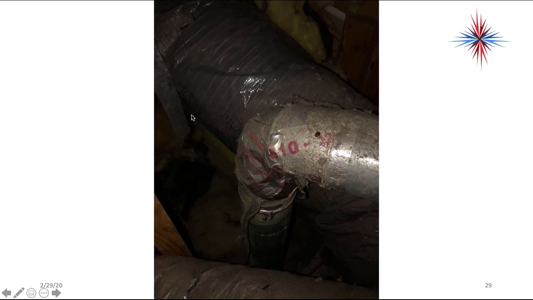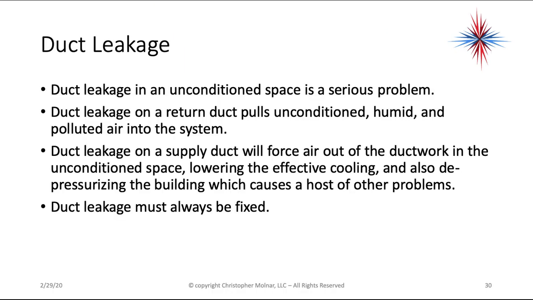Another picture of another system. Again, you'll see all the duct tape is falling off here. These are no longer properly sealed. Duct leakage in unconditioned spaces is a serious problem. Duct leakage on the return side pulls unconditioned, humid, and polluted air into the system. Think about the air in an attic, especially in an older house, especially in a house that might have bats or squirrels or mice living in the attic.